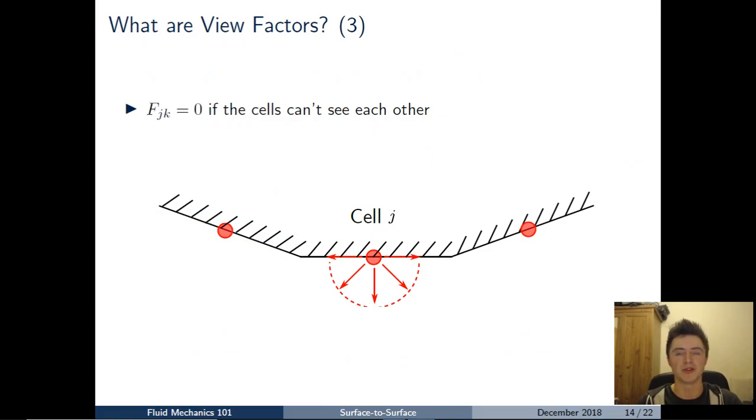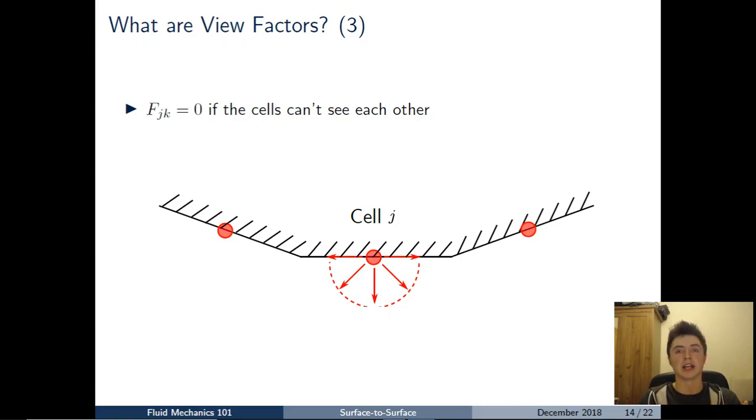Another small point with view factors to remember is that if a cell can't see another cell, because radiative rays travel in straight lines, then the view factor is 0. It can't see the other cell. And I've given you a small diagram there just to help illustrate this.